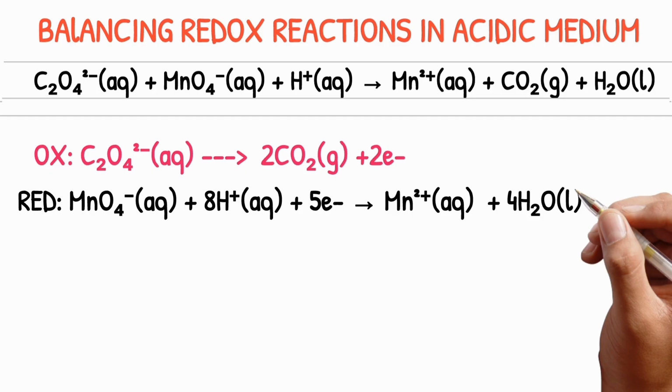We are going to multiply all the species in the oxidation reaction by 5 because of the 5 electrons, and all the species in the reduction reaction by 2 because of the 2 electrons, meaning we are just swapping the value of the number of electrons. 2 is going to multiply the reduction equation, and 5 is going to multiply the oxidation equation.